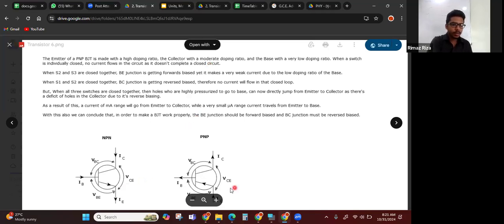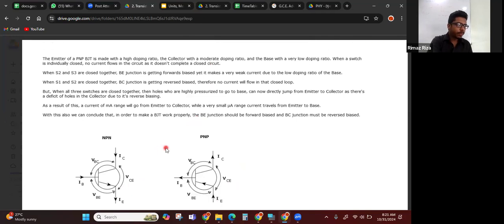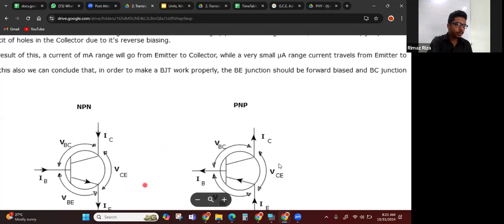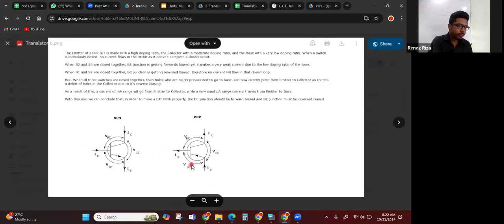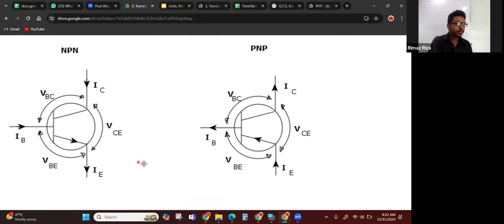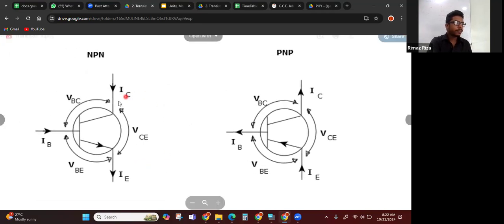Okay, so here you can see the circuit symbols of the NPN and PNP transistors. So this is NPN, and this is PNP.